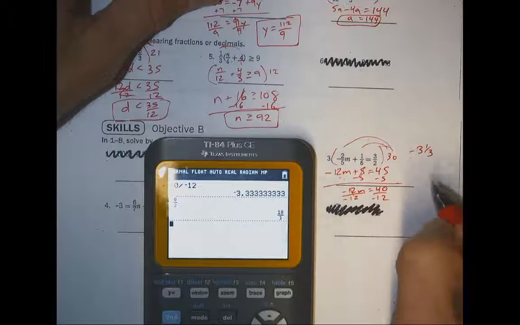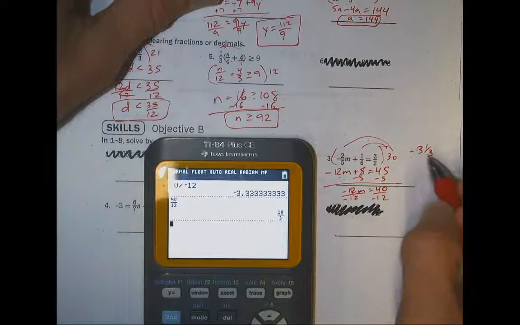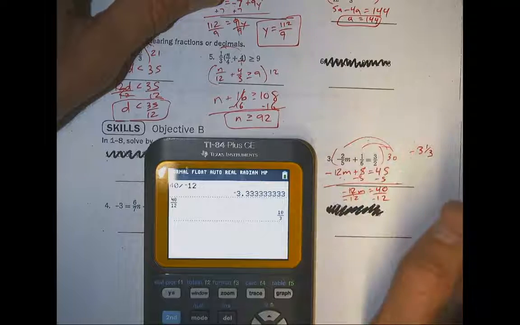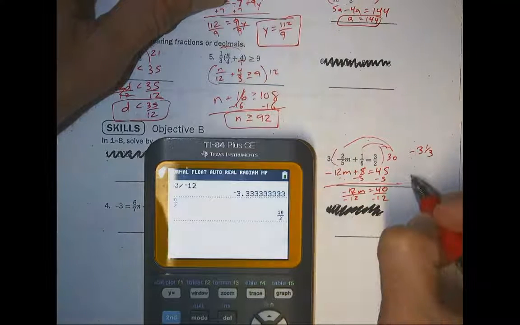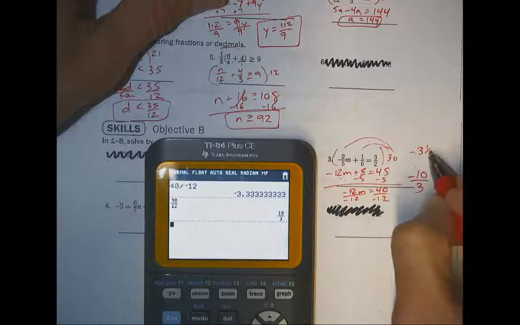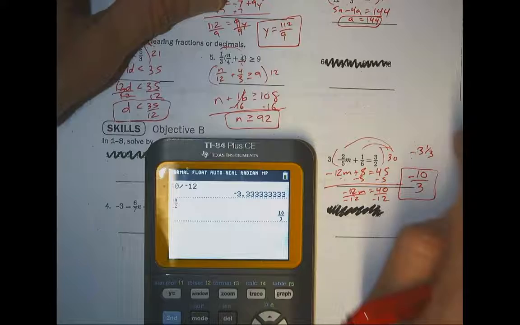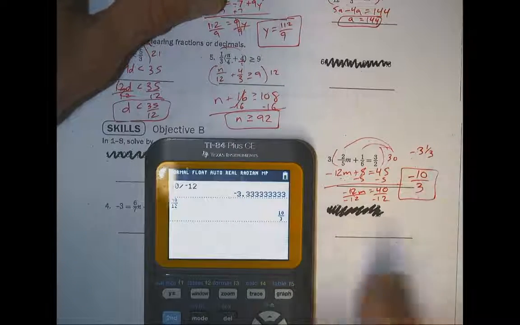We don't really use numbers like that in algebra too much because when I go to try and multiply with this and add with this, it gets complicated. But if I leave this as 10/3, much easier to work with. So my final answer here is going to be negative 10/3, but these are equivalent to each other. I don't want that decimal rounded, so either improper fraction or mixed number, but I prefer the improper fraction.